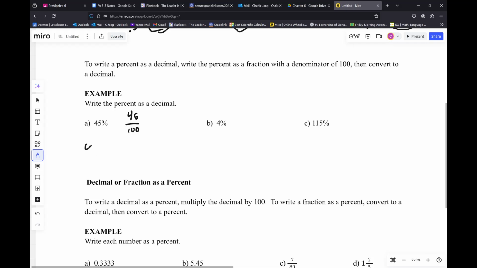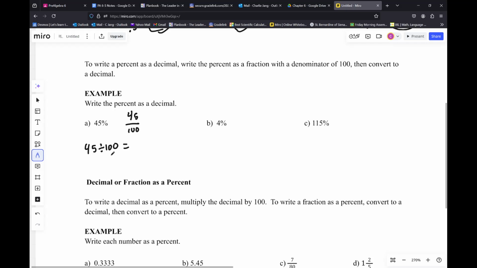Well, this actually means 45 divided by 100, right? That's what a fraction means. So what is going on here? Well, when you divide by powers of 10, 10, 100, 1,000, 10,000, a million, whatever it is, anything with a 1 and a bunch of zeros, all you are doing is moving the existing decimal point over to the left.